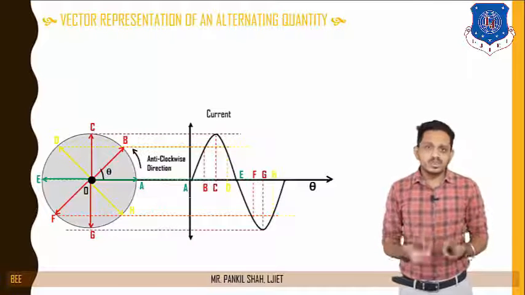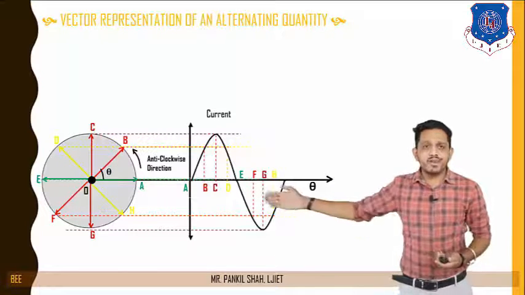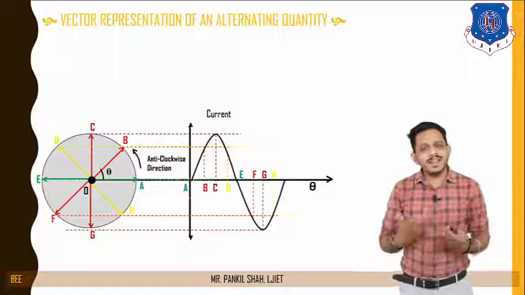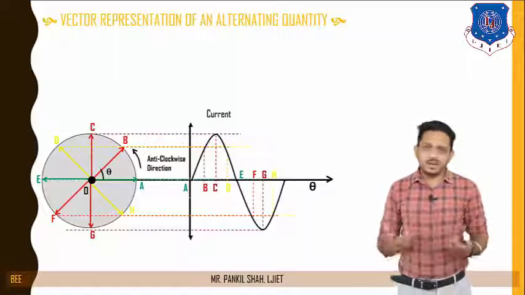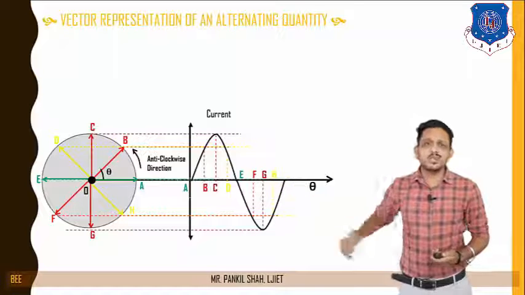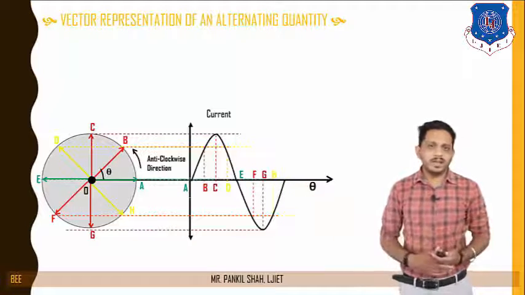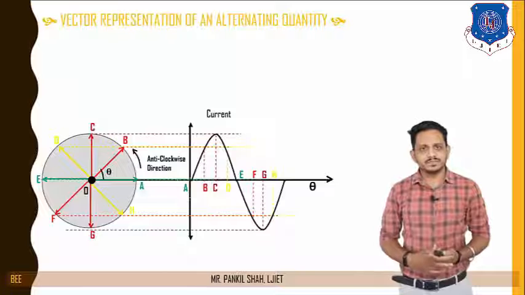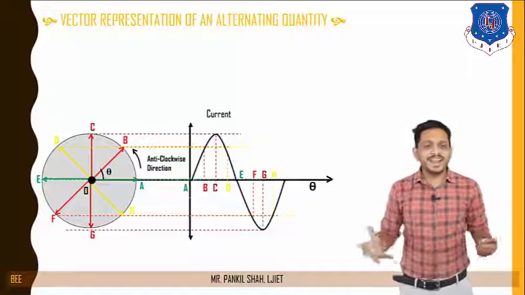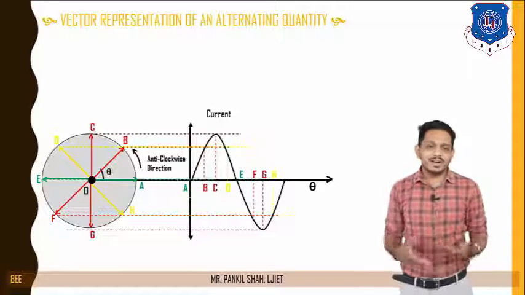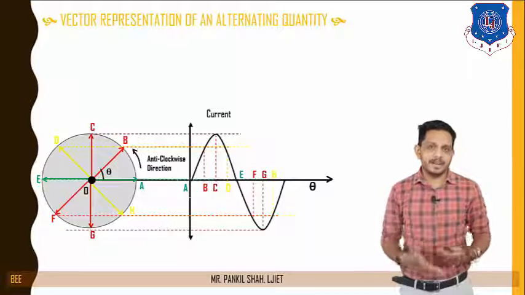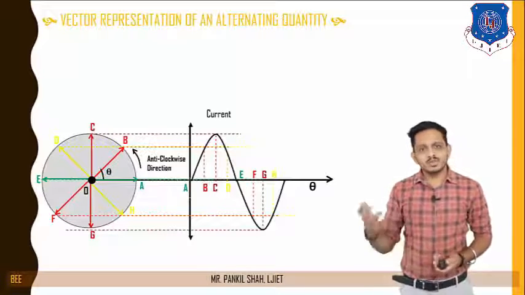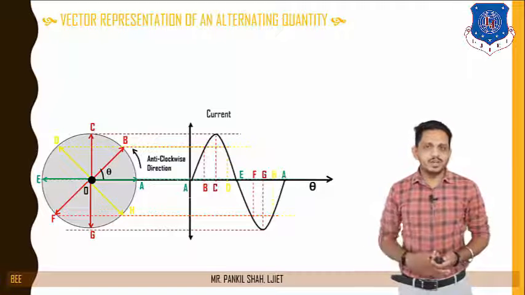If we represent our alternating quantity in waveform form, then it will be tedious. It will be very time consuming, and all mathematical operations may not be possible. So this vector diagram method is very useful.